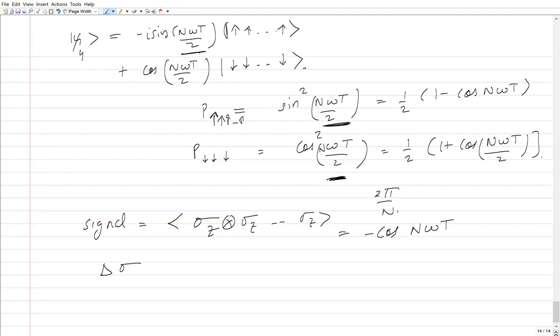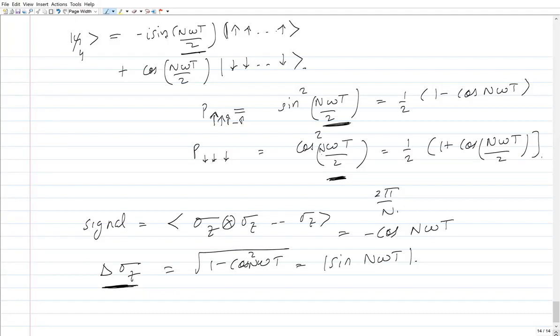How well I am doing, I benchmark by the variance of this, which comes out to be sine n omega t. And again, this was the variance of my estimator.